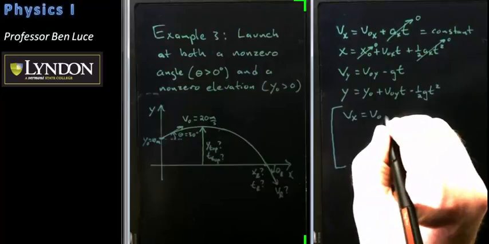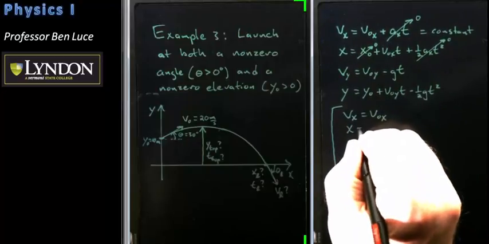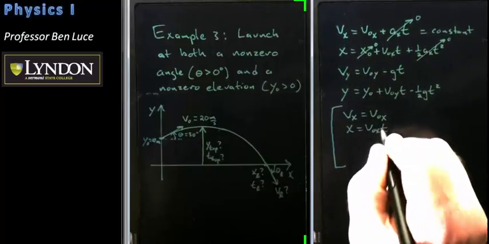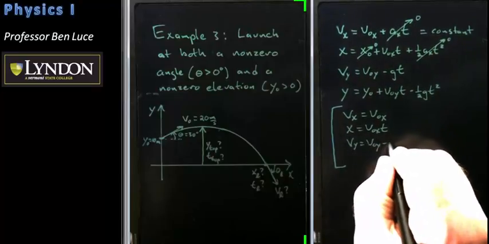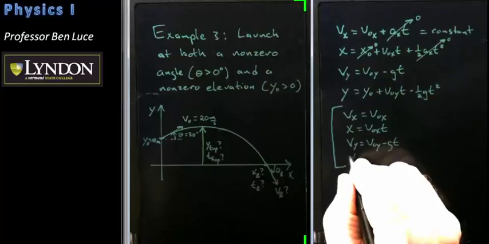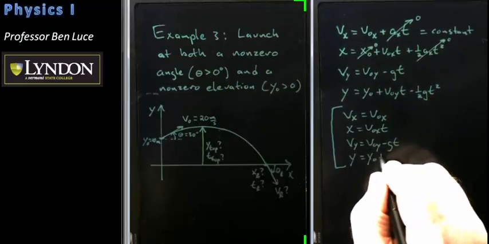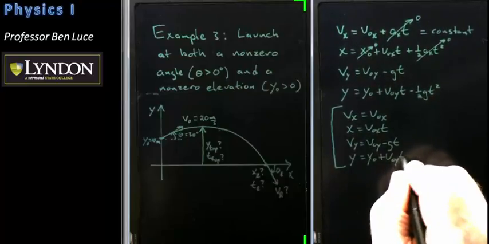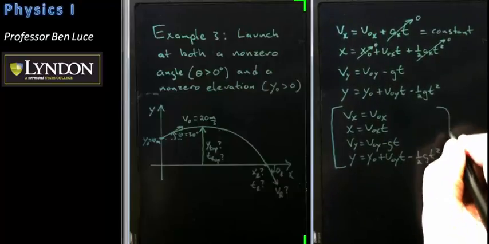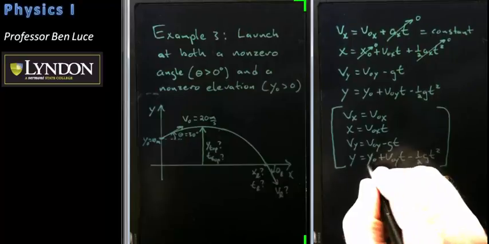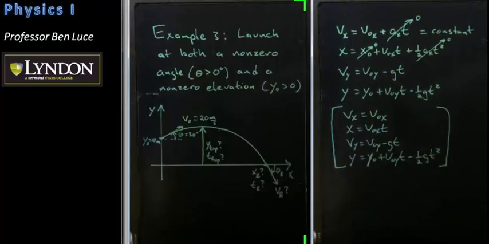Vx will equal v naught x, x will equal v naught x t, Vy will equal v naught y minus gt, and y equals y naught plus v naught y t minus 1/2 gt squared. And this is, in fact, the most complicated set of equations we've studied to date.